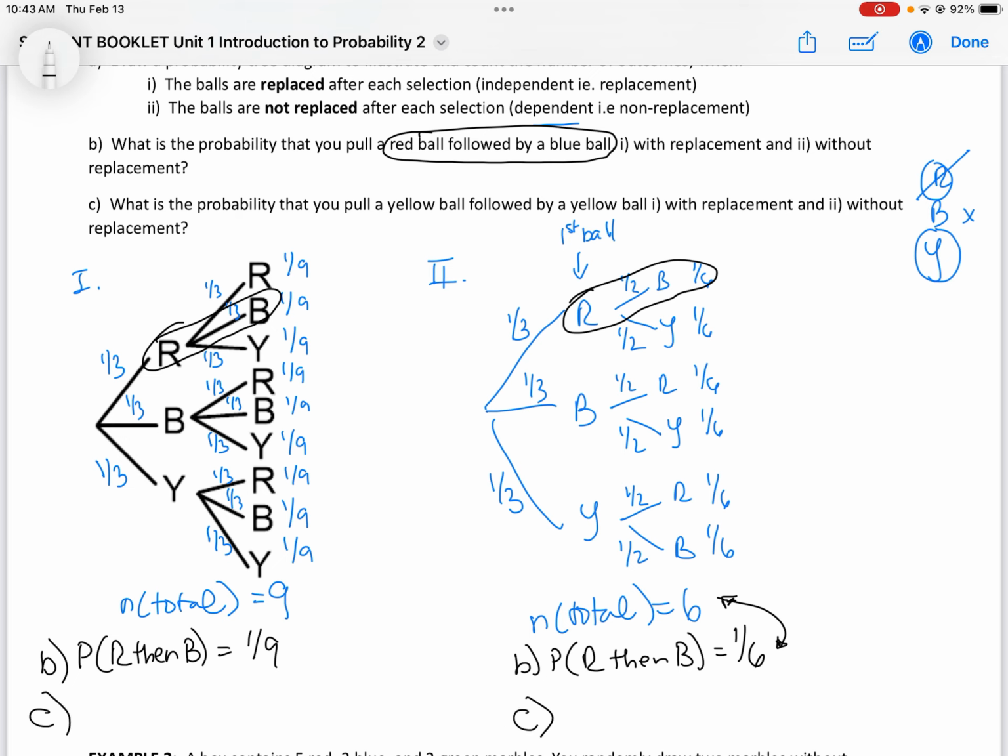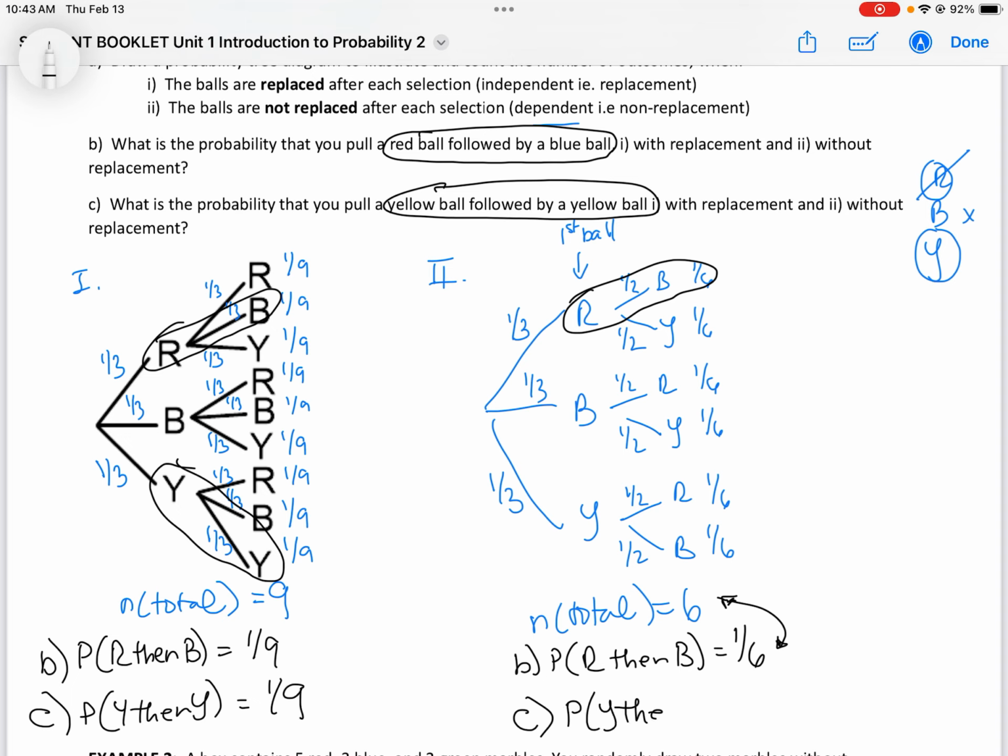Now C. What is the probability when you pull a yellow ball followed by a yellow ball? So with replacement, we can get yellow, then yellow, 1/3, 1/3, and that's 1/9 again. However, the probability of a yellow, then a yellow, when we're not replacing, well, there are not 2 yellow balls.